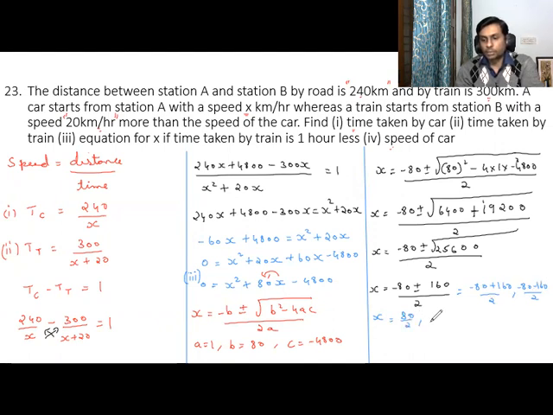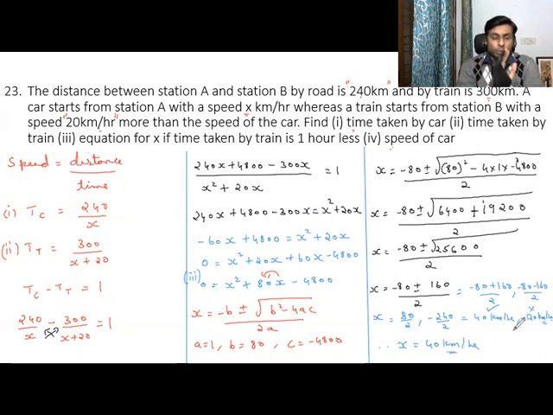Minus 80 minus 160 is minus 240 by 2. 80 by 2 is 40 kilometers per hour. Minus 240 by 2 is minus 120 kilometers per hour. But speed cannot be negative. Speed is positive. Therefore, x is 40 kilometers per hour. This is the speed of the car.